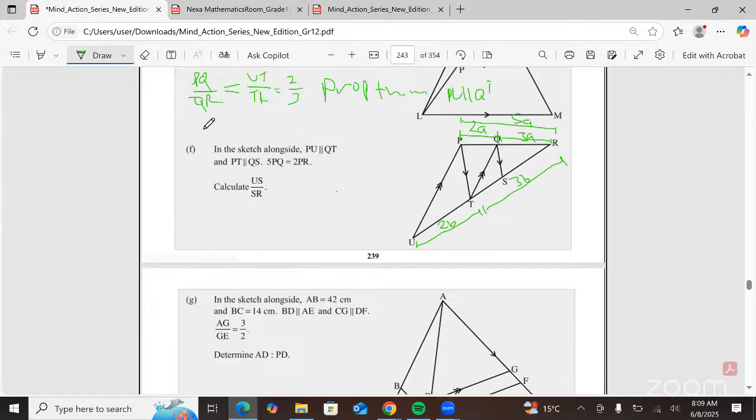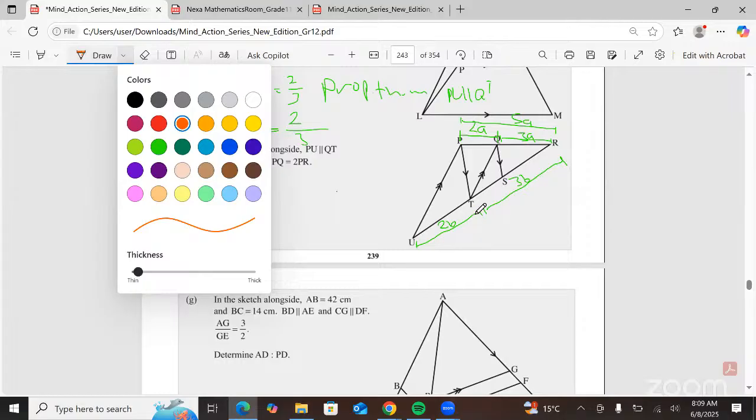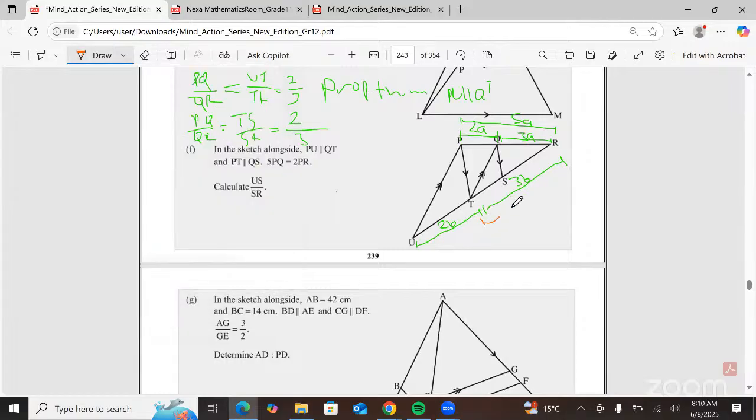Then again PQ over QR is equal to TS over SR. PQ and TS are 2, QR and SR are 3. So TS is 2 with a variable C, and SR here is 3 with the variable C as well.